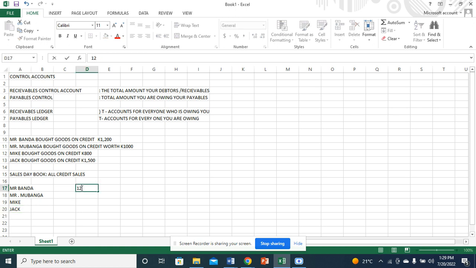You record all the credit sales: 1,200, 800, 1,500. This is just a fast illustration of what happens in the sales day book. You even total them up.